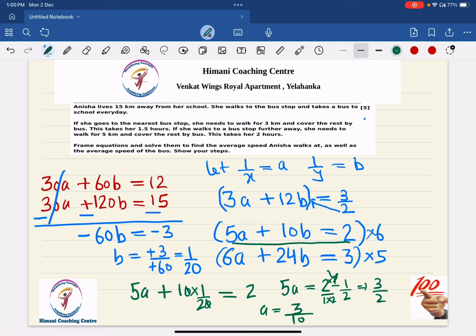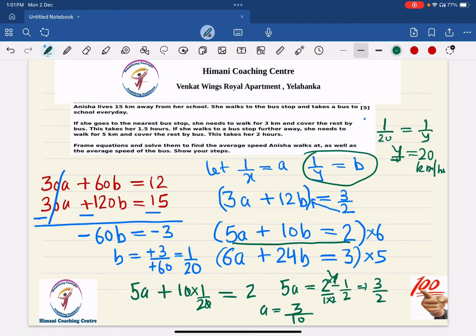Now we have to find the x and y. So what we will do, 1 by y equals b. So what is b? It is 1 by 20. So 1 by y is 1 by 20, and therefore y equals 20 kilometer per hour.